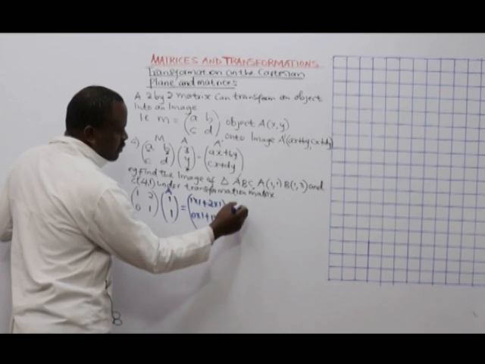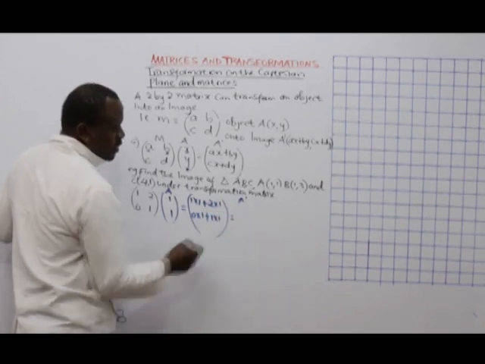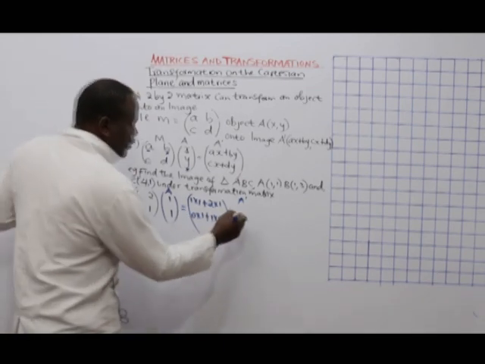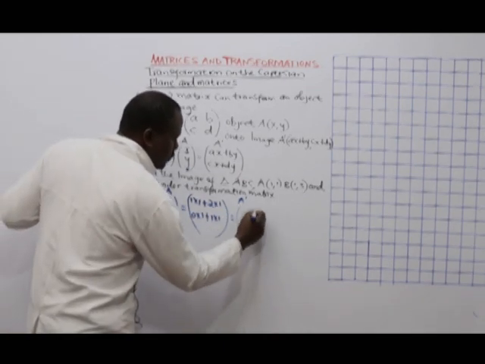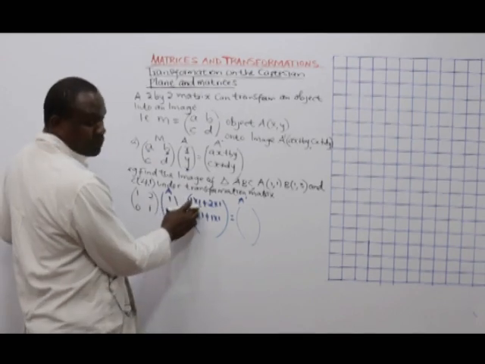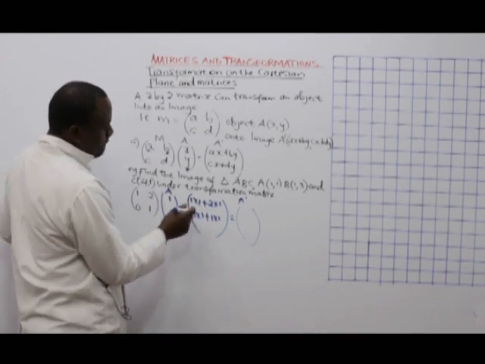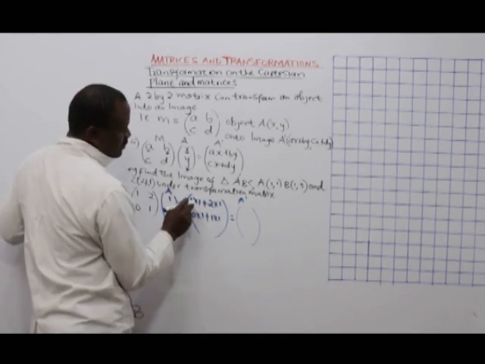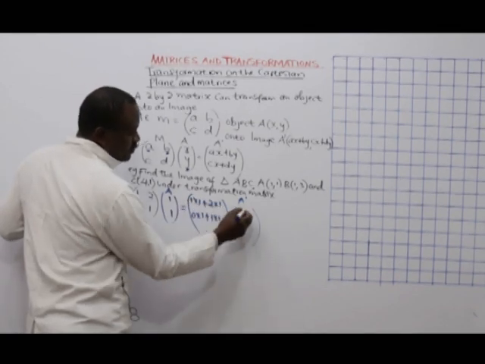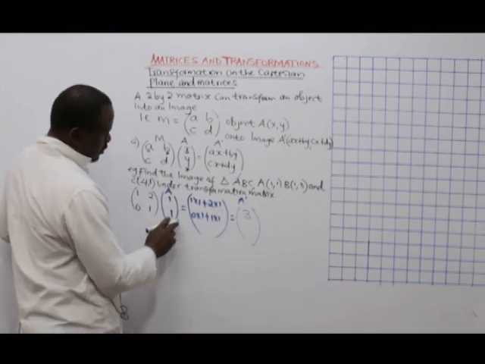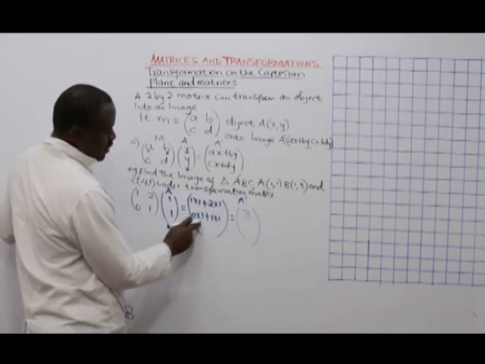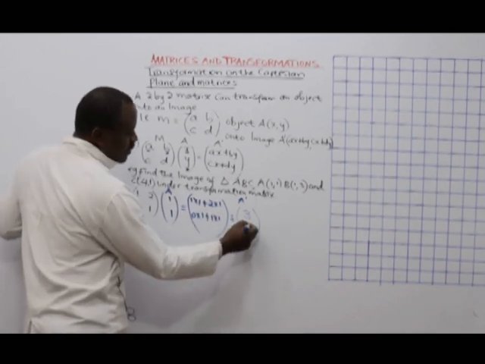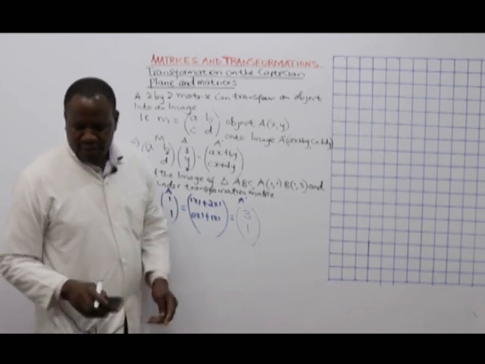We get the image of A as 1 times 1 is 1 plus 2. That gives us 3. Now, 0 times 1 is 0. 0 plus 1 times 1 is 1. That is the image of A.